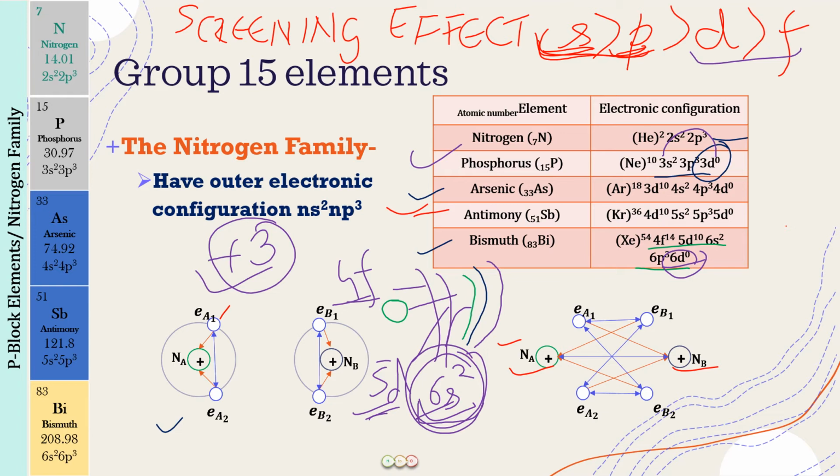But just remember, there is one case when the incoming atom is highly electronegative. For example, we have to make the compound bismuth fluoride. In bismuth fluoride, the fluorine atom, you know, is the most electronegative atom.